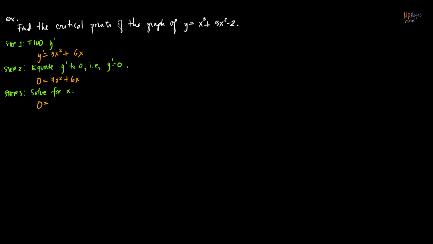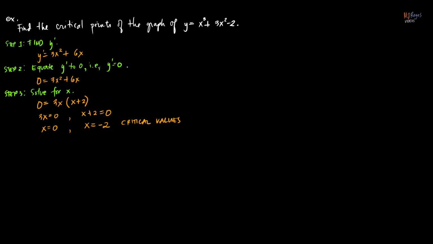So 0, by factoring, we can factor out 3x from both terms, and we'll get 3x times the quantity x plus 2. And then equating both factors to 0, we equate 3x to 0 and x plus 2 to 0 also. We'll get two values for x. One is 0 and the other one is x equals negative 2. Now these are the critical values of the function.